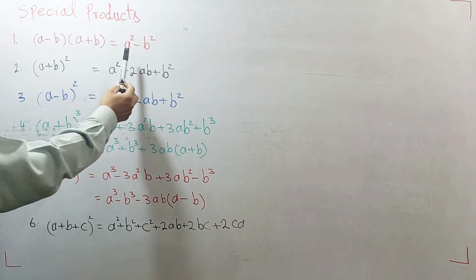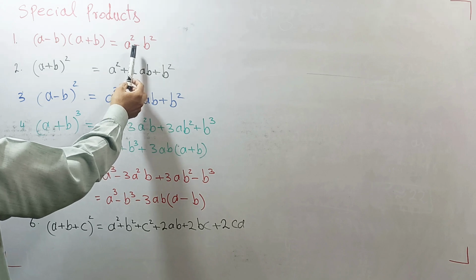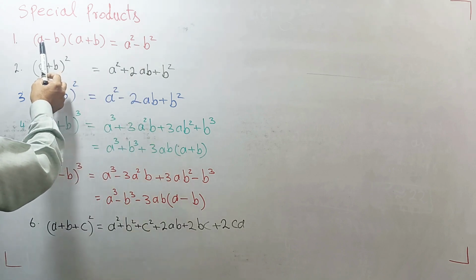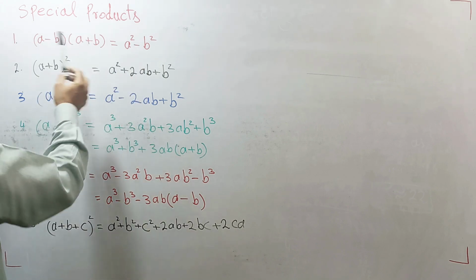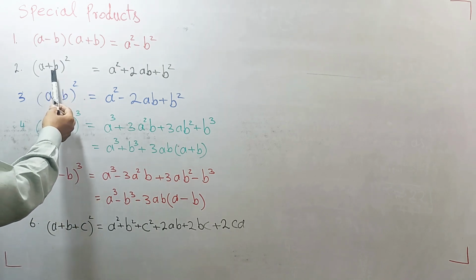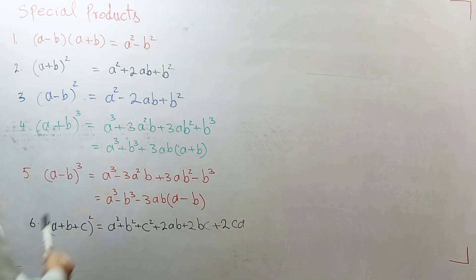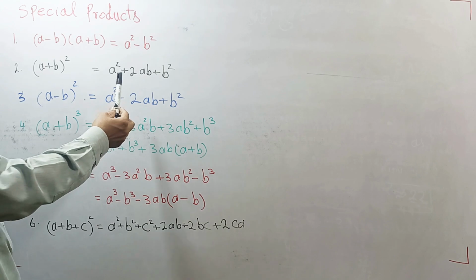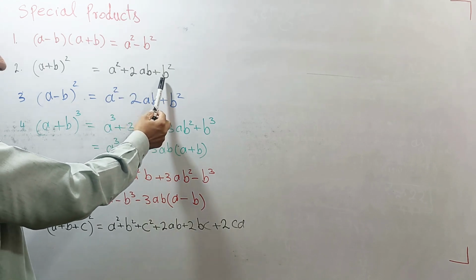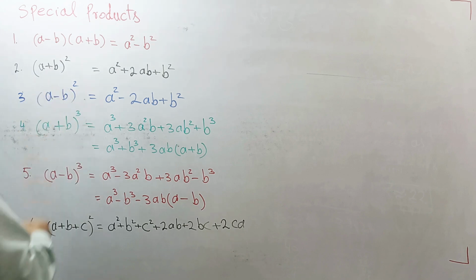And sometimes we are given this form and we factorize it and write it as (a − b)(a + b). Similarly, (a + b)², after expansion, becomes a² + 2ab + b², and sometimes our expression is in this form and we write it as (a + b)².